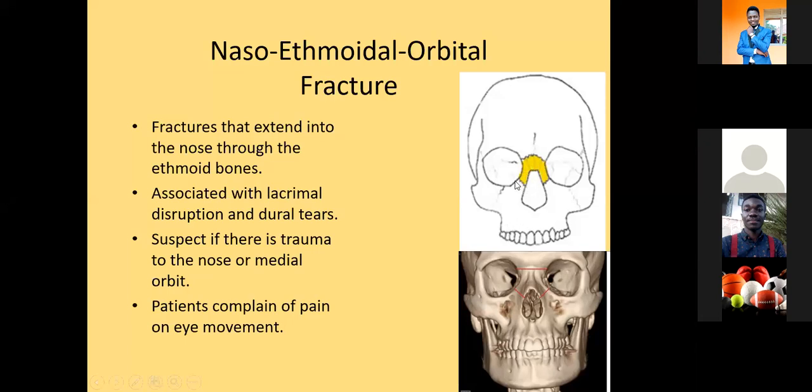You can see this yellow paint, or the one illustrated here on this model. This is a CT model. After CT scanning, the radiologists can make a model which you can put on your computer, and it can give you a clearer picture of what is actually happening. So this is this structure here.